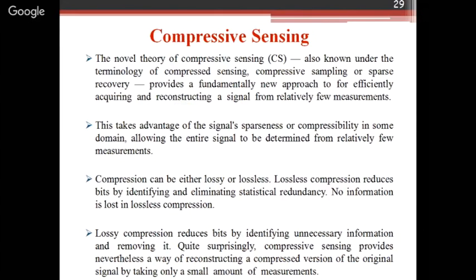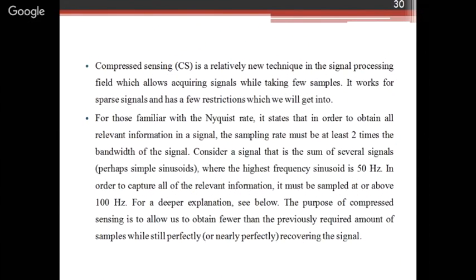Okay, so compressive sensing is my lossy kind of compression where we are exploiting the sparsity of the signal and then trying to reconstruct it with a fewer number of measurements. This is one of the examples that I have already discussed with you with the help of the diagram, for those familiar with the Nyquist rate. It states that to capture all the relevant information in the signal, the sampling rate must be at least twice the bandwidth of the signal.